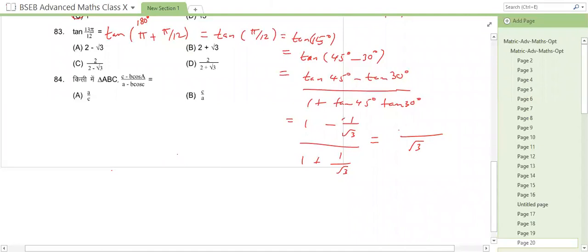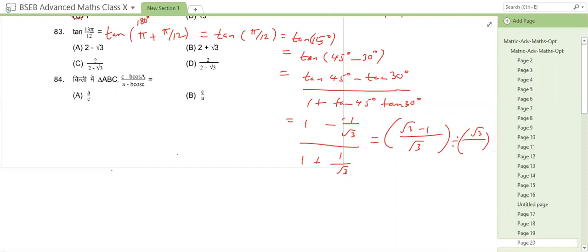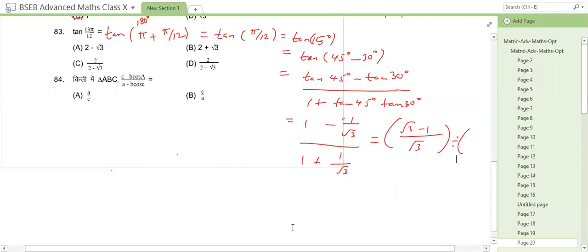We get root 3 minus 1 over root 3 divided by root 3 plus 1 over root 3.